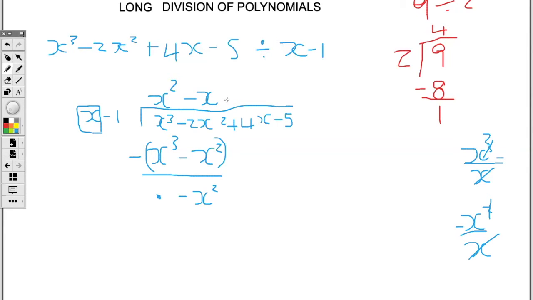When we have this result, we're now going to multiply. So minus x times x, that gives us negative x squared. Then minus x times negative 1, that gives us positive x. Now, if you realize you have a plus 4x, so we can carry it down. So the plus 4x goes beside the minus x squared that we have here.